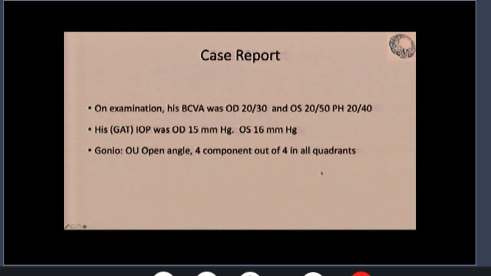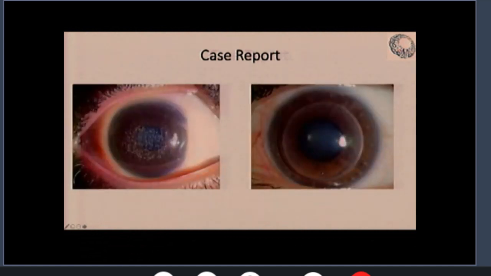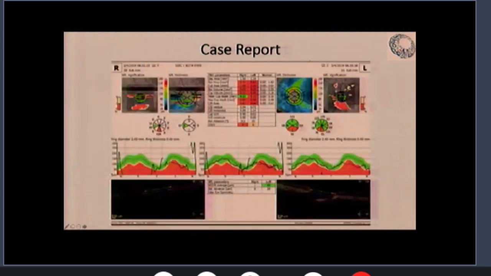This is the physical examination. Best corrected visual acuity 20/30 and 20/50 that improved with pinhole to 20/40. Pressure with Goldmann applanation tonometer 15 in the right eye, 16 in the left. Open angle, 4 in the 4 quadrants, no synechiae. These are the anterior segment pictures. These are the OCTs.